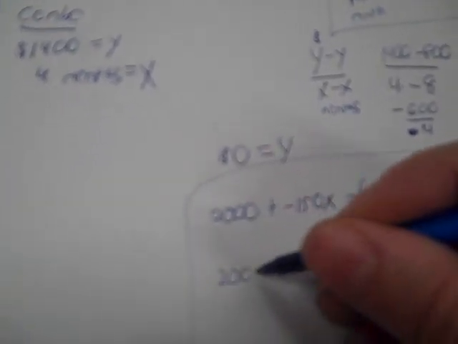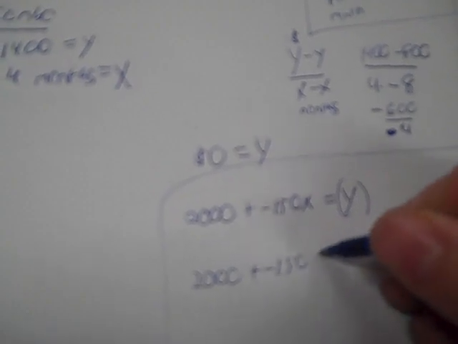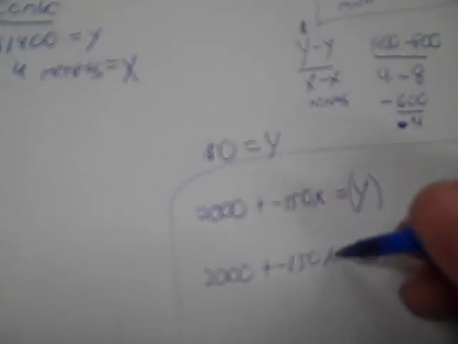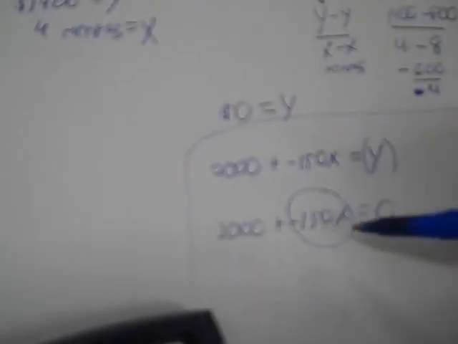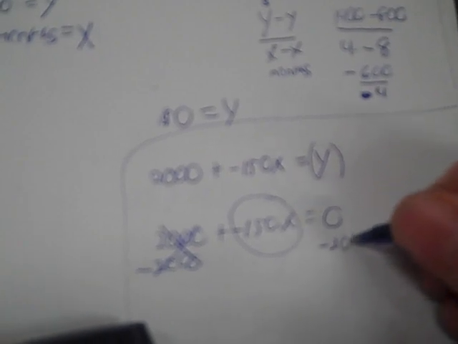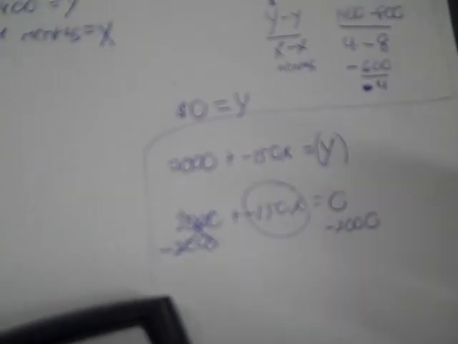So $0 is the number I'm trying to figure out, how many months it takes to get to $0. So $0 goes into the equation for my y variable, and y is replaced with 0. So x is being multiplied by negative 150, and we have a 2,000 that's being added. So I subtract 2,000 from 0, and that takes that side to negative 2,000.